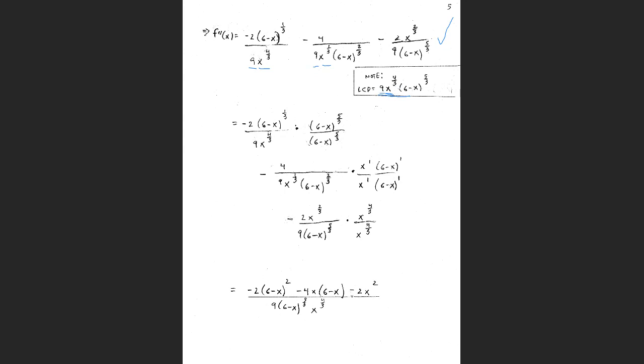And then the 6 minus x to the 2/3 here, and the 6 minus x to the 5/3 there. 5/3 is the higher power, so that's going to be in the common denominator. How many recall getting least common denominators this way, looking for the higher power? Maybe you did it in pre-calculus or even before then.